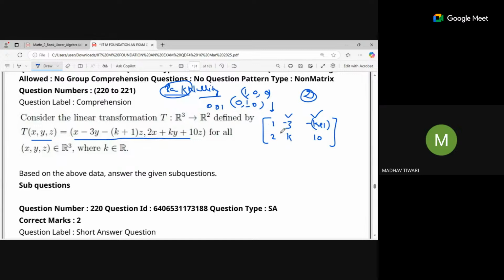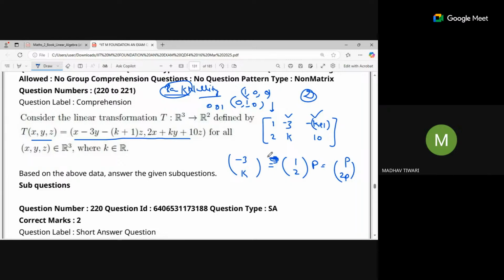If this vector minus 3, 2 is a multiple of 1, 2, then it will be equal to p times this. If I multiply it with p, I get p, 2p. Comparing these two values, p value is minus 3, from the first component comparison.